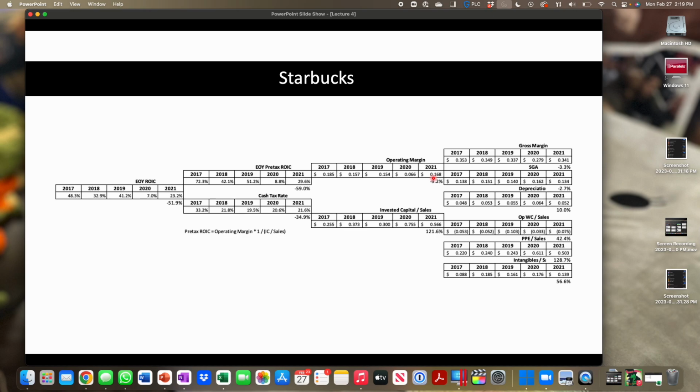Is that better or worse financially? It's worse, right? Should that help the ROIC or hurt the ROIC? That should hurt your ROIC. So if you're making less at every sale, your ROIC is going to be less profitable, less ROIC. So we've identified one of the reasons why the ROIC went down. Their margins went down. They're making less at every sale. That's driver 2.